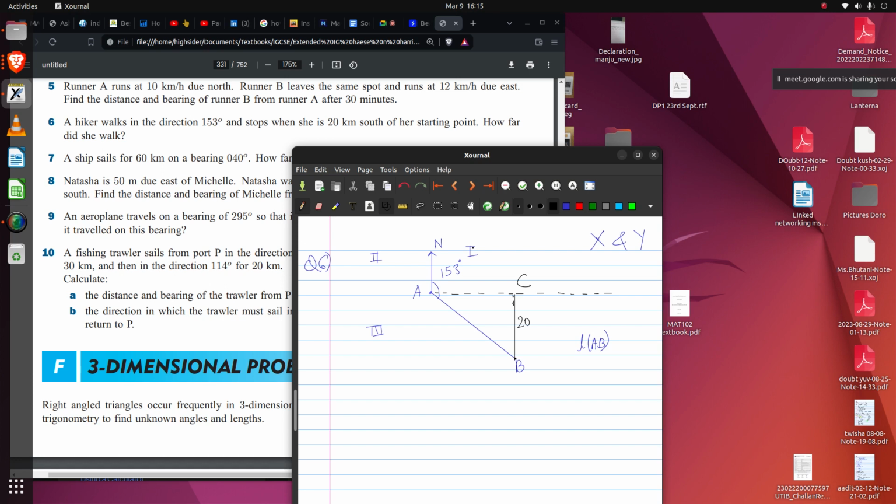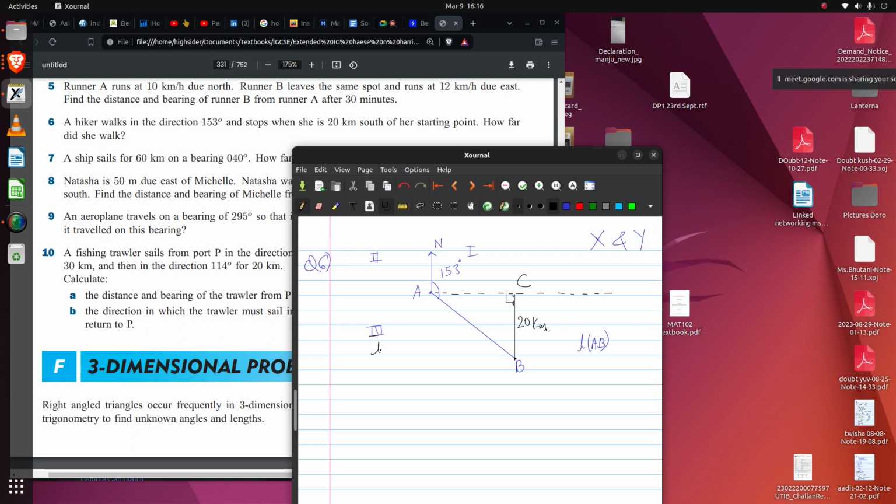Now what are they asking you? They're asking to find how far did she walk, which means in terms of the triangle, what distance? 20 kilometers is this.